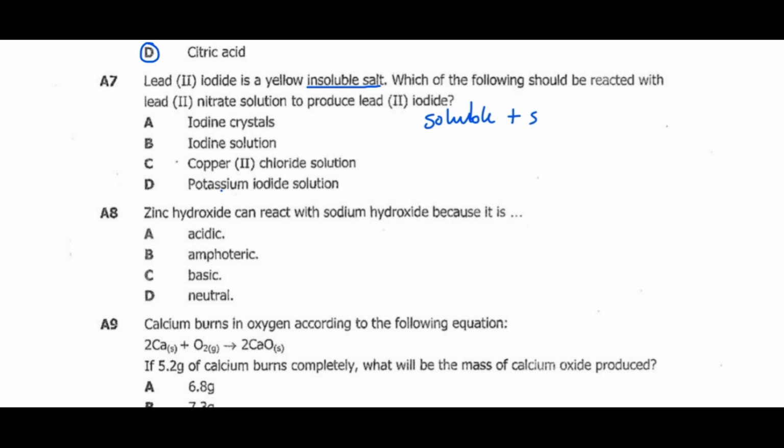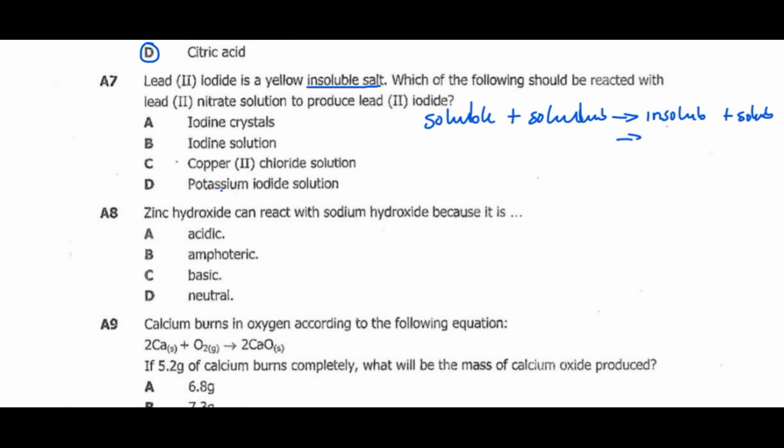So soluble plus soluble gives the insoluble salt that we want to make, plus a soluble salt. Among the products, we need the insoluble salt and the soluble salt, because to separate an insoluble from a soluble, we can use filtration.